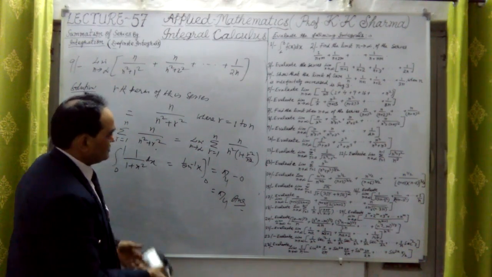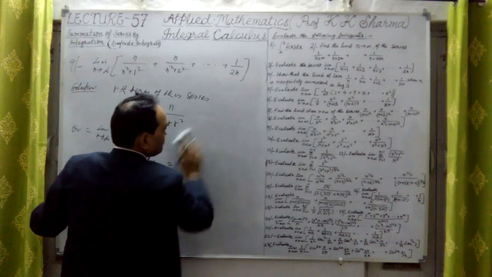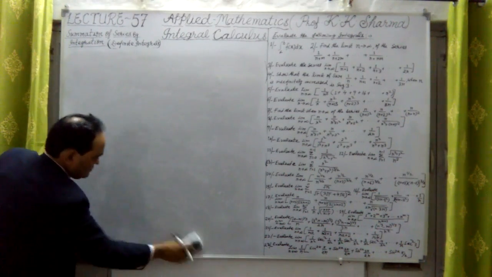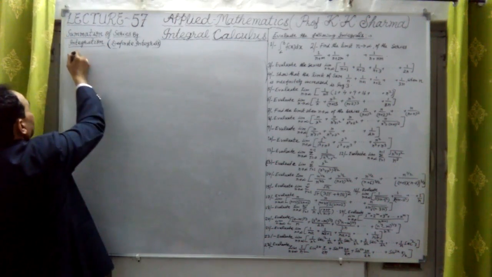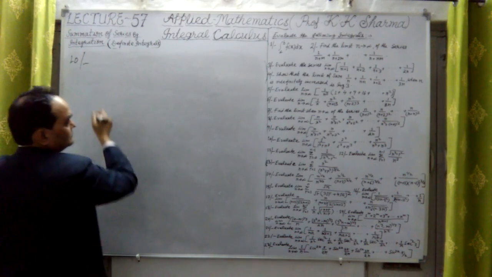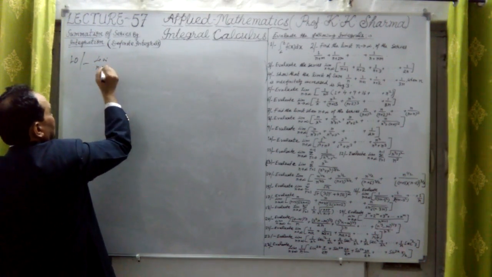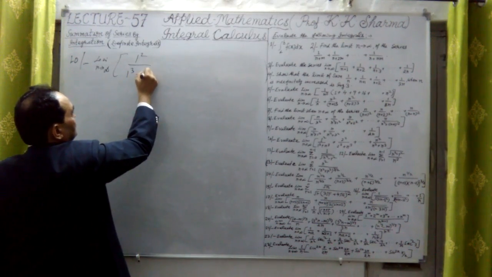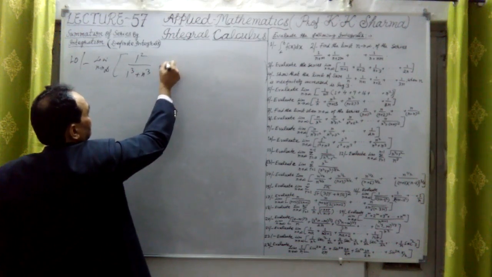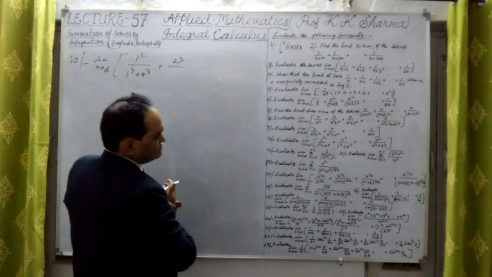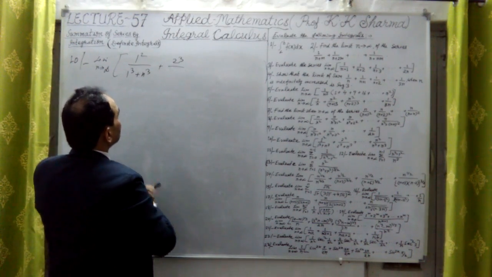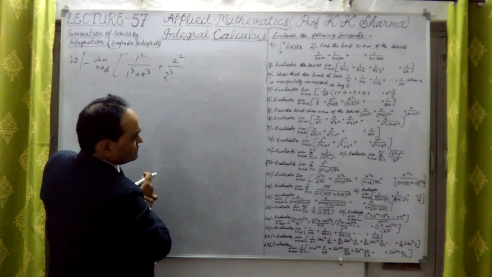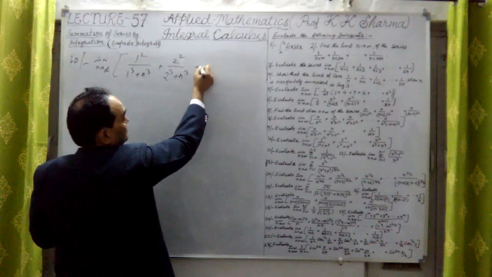Now let me take question number 10. It says evaluate limit n tends to infinity of 1 square upon 1 cube plus n cube, plus 2 square upon 2 cube plus n cube, plus and so on.